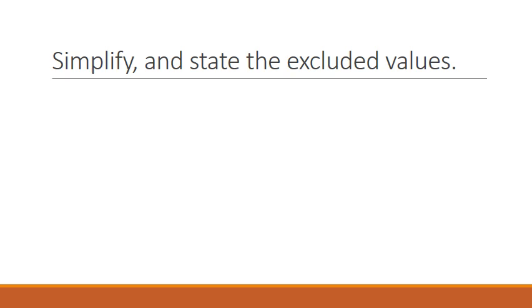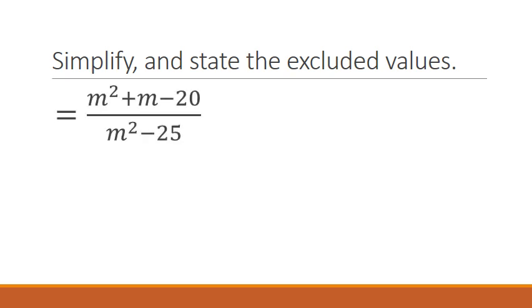Let's have another example. Simplify and state the excluded values. The same with the previous one. I have here m squared plus m minus 20 all over m squared minus 25. We can factor out m squared plus m minus 20, and we can factor out m squared minus 25.